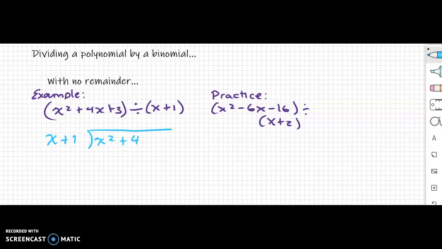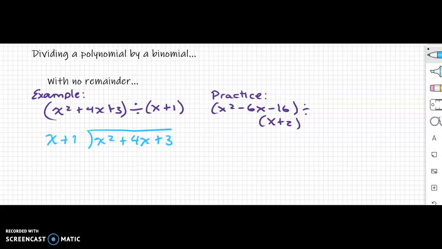Now you might be thinking back to yesterday's lesson and saying, couldn't I factor this and then divide by that? Yes, you could, and sometimes that will not work, so we're learning another technique. I believe if I factored this, I'd get x plus 3 and x plus 1, right?